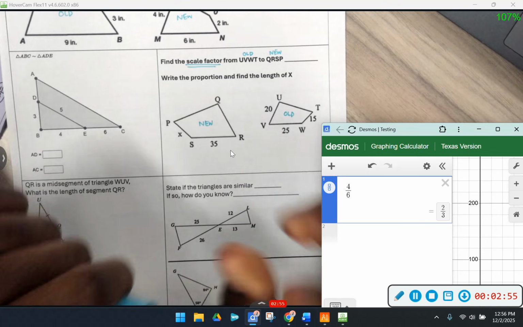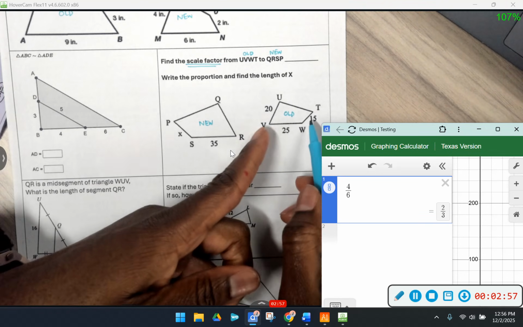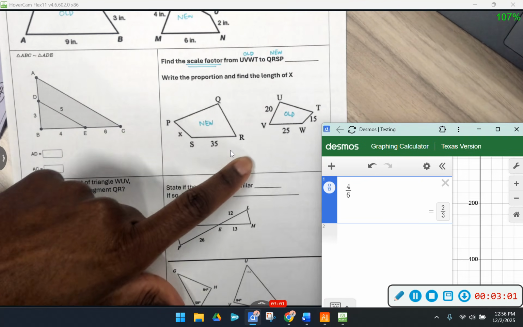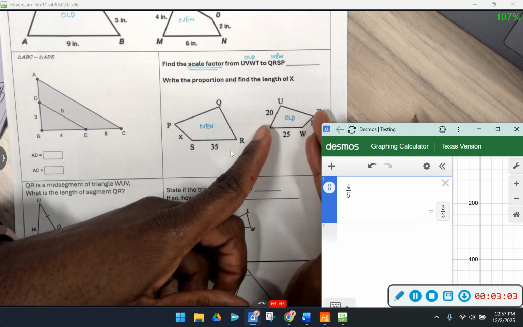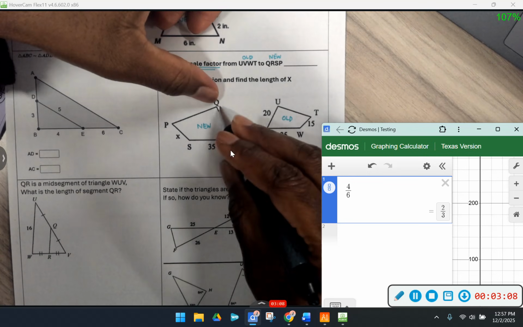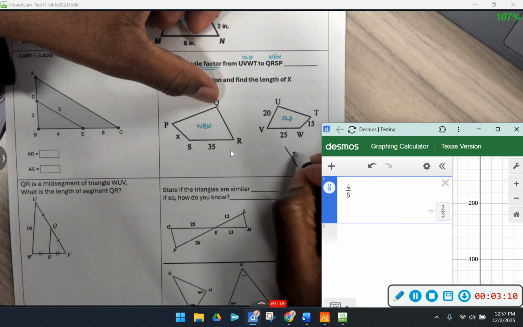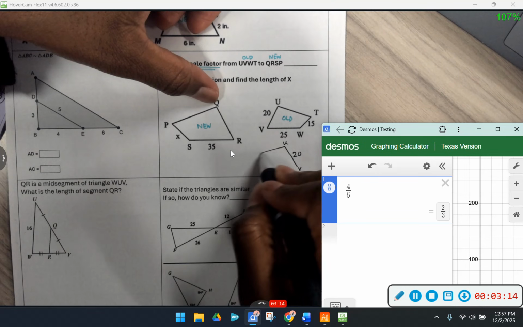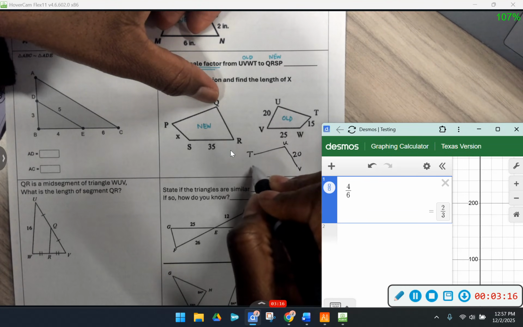Now for this one, notice how they're not already lined up. So this one needs to get flipped to the other side. I want to line it up, so that's my 20 from U to V. Then I have that slanted side T, and then over there is my 15.